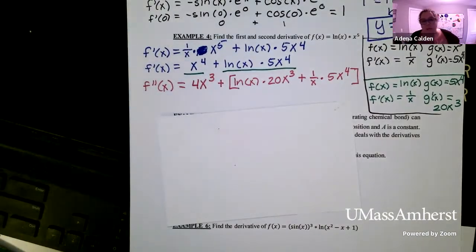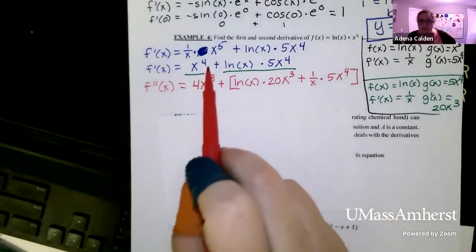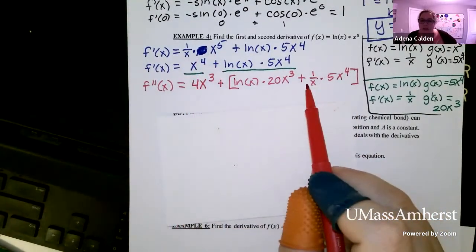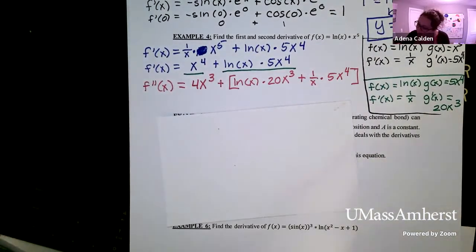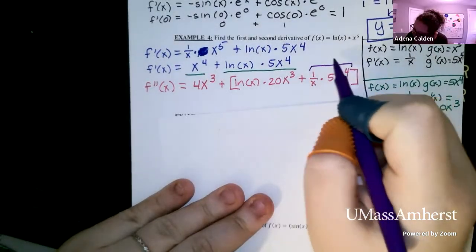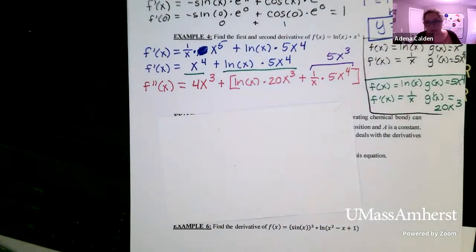Okay, now can I simplify this? I could simplify this last term, right? This is similar to how I did it over here. This x can cancel out an x here. So it depends on what I'm trying to do, but I could simplify this term into 5x cubed.